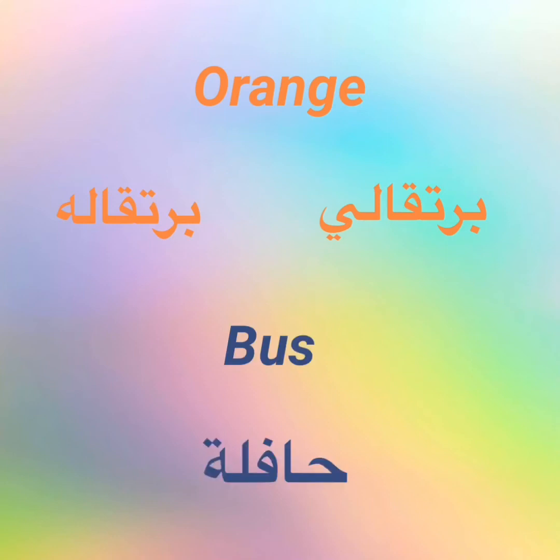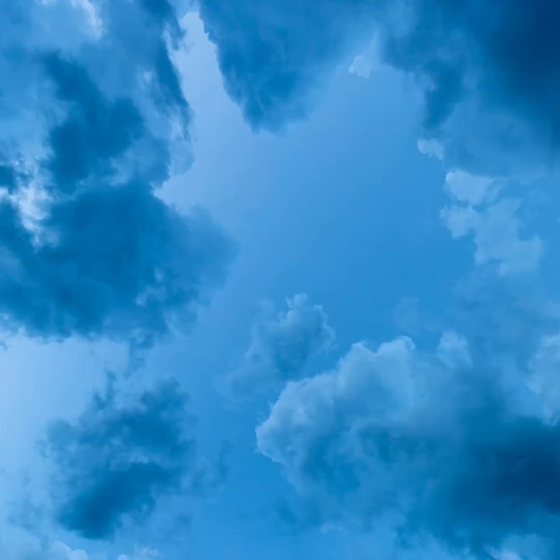Be careful when you see ها, it means the fruit. برتقالي, the color. How do you say bus? حافلة. So we have برتقالي, the orange color, برتقالة, the fruit, and bus. Okay, so we are done with our third objective.